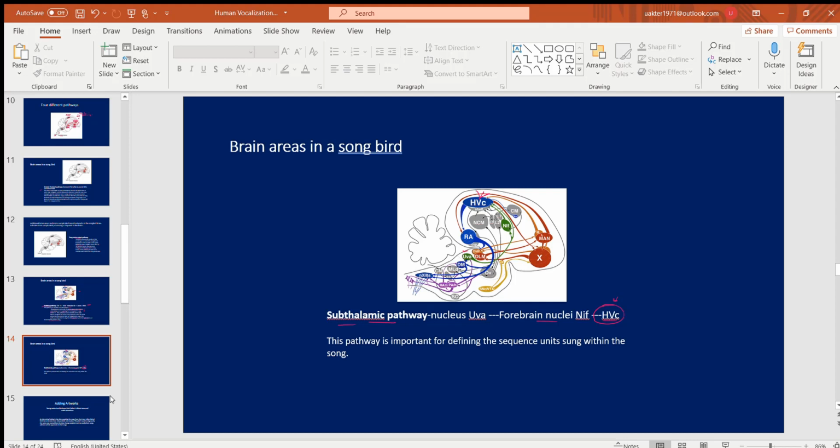Okay, and this pathway is important for defining the sequence units sung within the song. So you know that within the song you have the notes, right? The smallest units, as I mentioned. How the notes will be sequenced within the syllables or motifs. Those are actually planned by this pathway. Okay, sequencing.